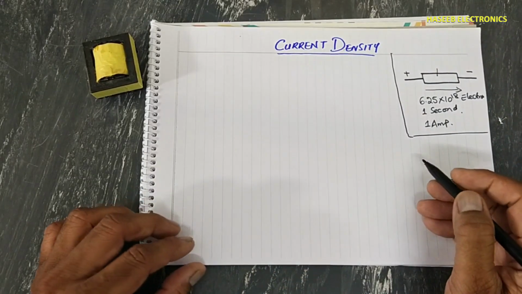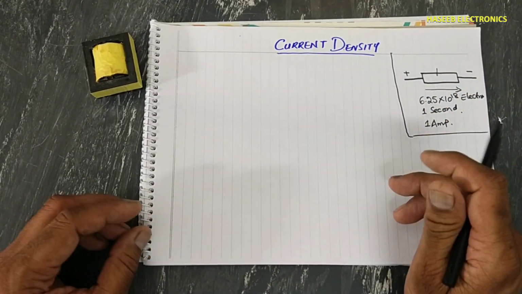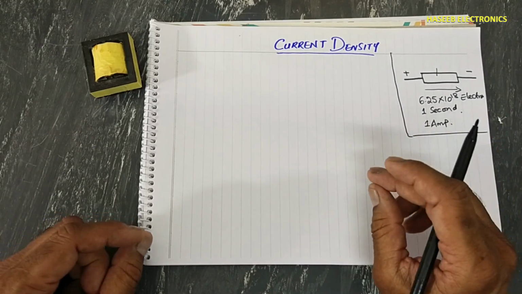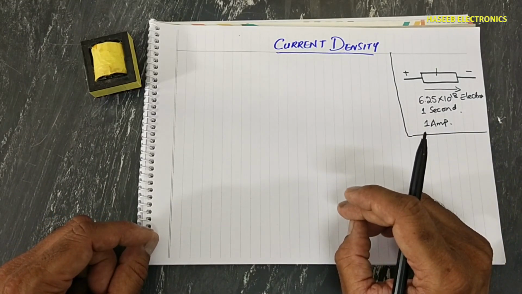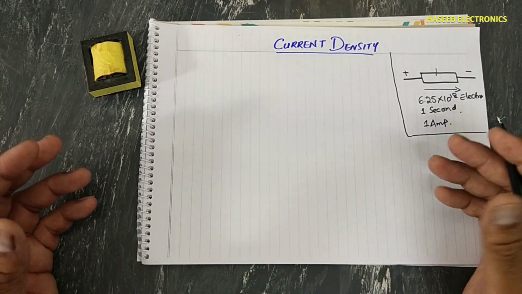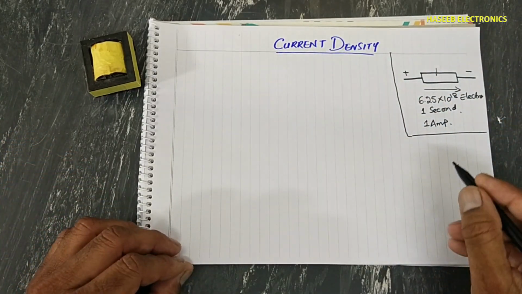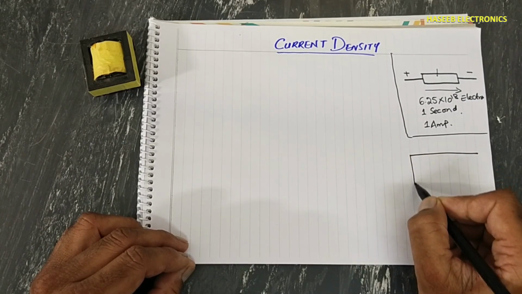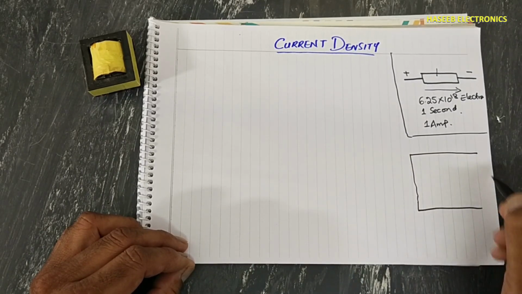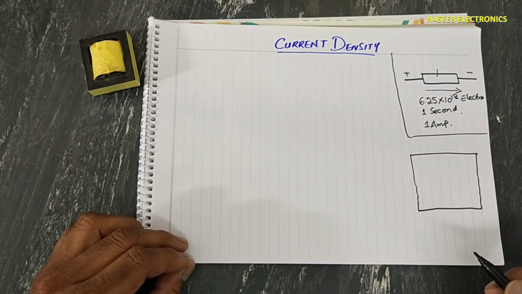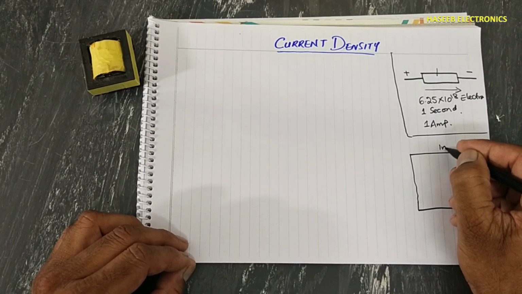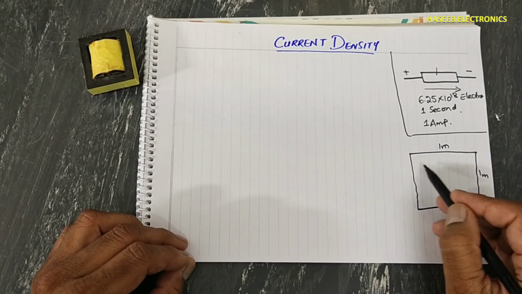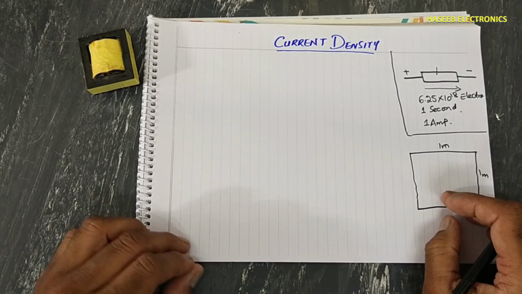For example, in our routine life, we see news on TV. They are discussing that there was a very heavy crowd, there were 100,000 people. They get an idea from 1 meter by 1 meter. How many people are there in this 1 meter?